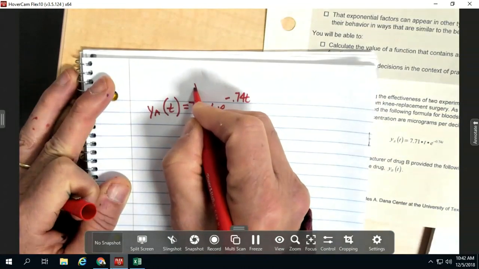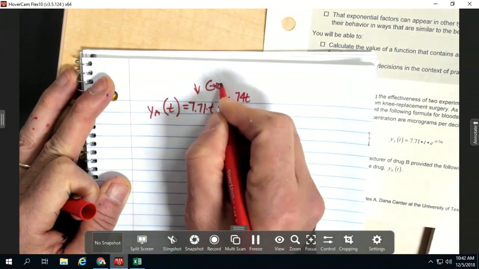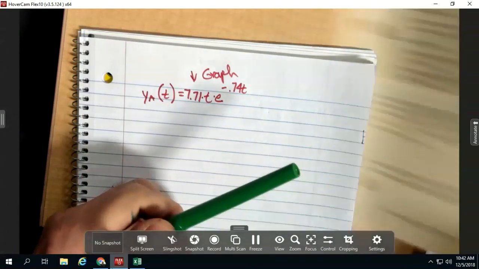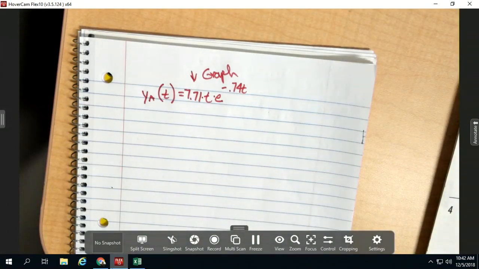So in other words, we're going to graph this. The other one we're going to compare is on the next page, the table.